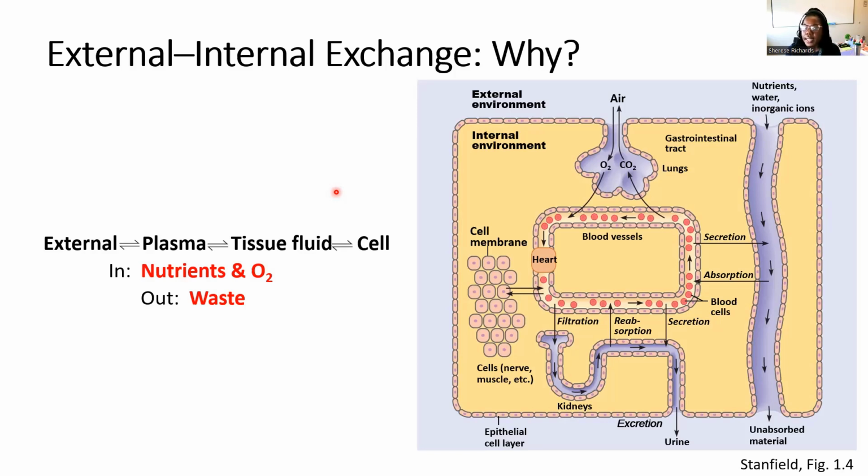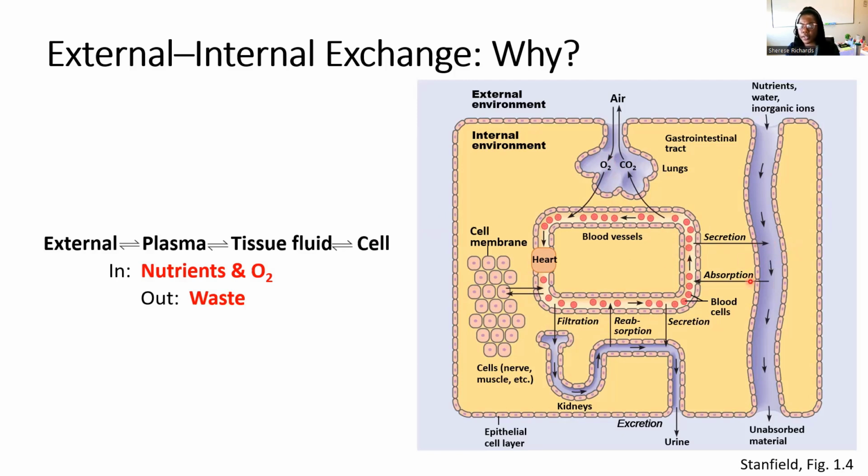So the reason for that is for the absorption of nutrients and oxygen and then the elimination of waste. So this is why we have movement across the epithelia in the lungs, movement across the blood vessels and into our tissues back and forth, and then movement across our urinary tract in the kidneys, and our blood, and then movement happening across the GI tract as well.